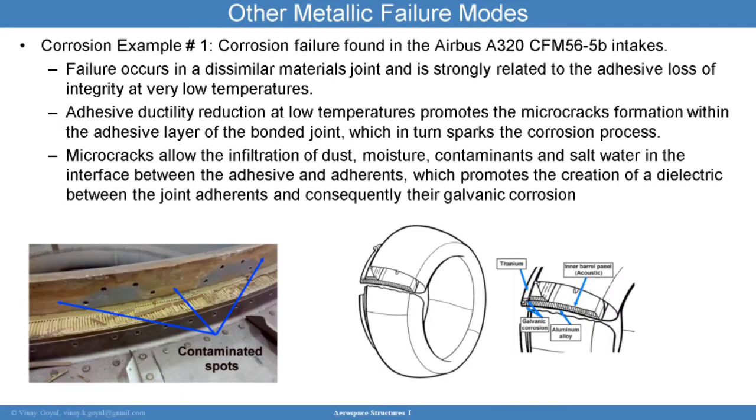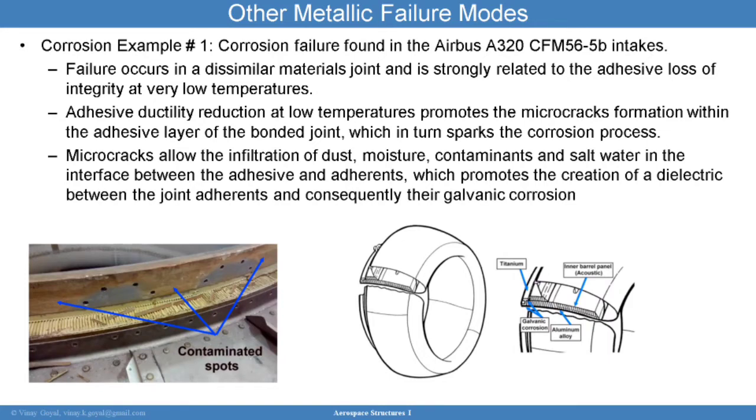Corrosion example number one that I want to discuss is corrosion failure found in the Airbus A320 engine intakes. And the failure here occurred in a dissimilar material joint and is strongly related to the adhesive loss of integrity at very low temperatures. It's a complex failure mechanism where there's an adhesive ductility reduction at the low temperatures, and that promoted the formation of microcracks within the adhesive layer of the bonded joints.